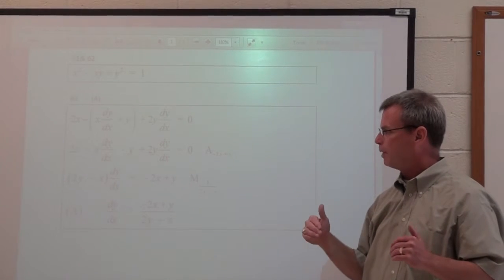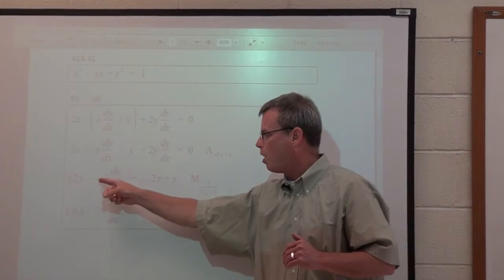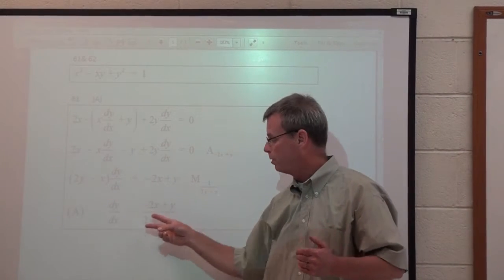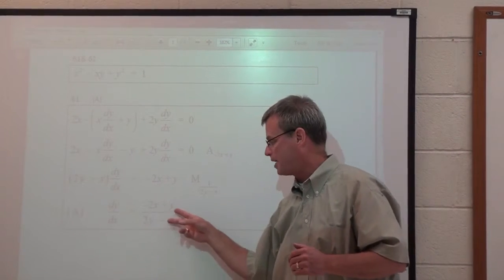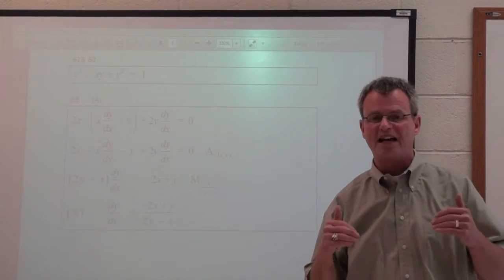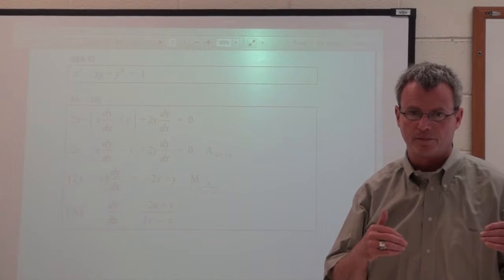Then I'm multiplying both sides by the reciprocal of 2y plus a negative x, and I'm getting what dy dx equals, which in your textbook is choice A. So that's question 61, which is asking you to calculate the first derivative.